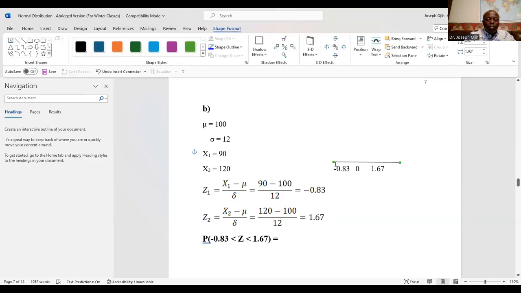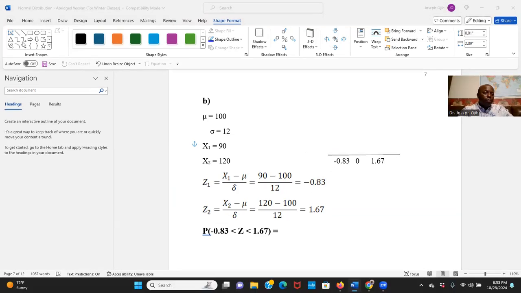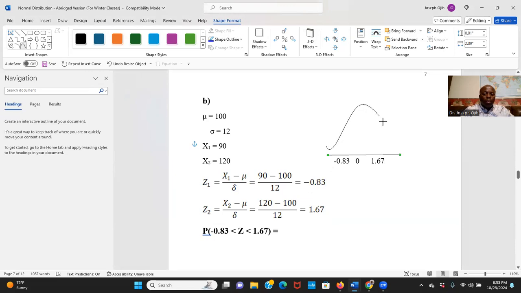Then we can put the bell curve right here. So now we put the center line.